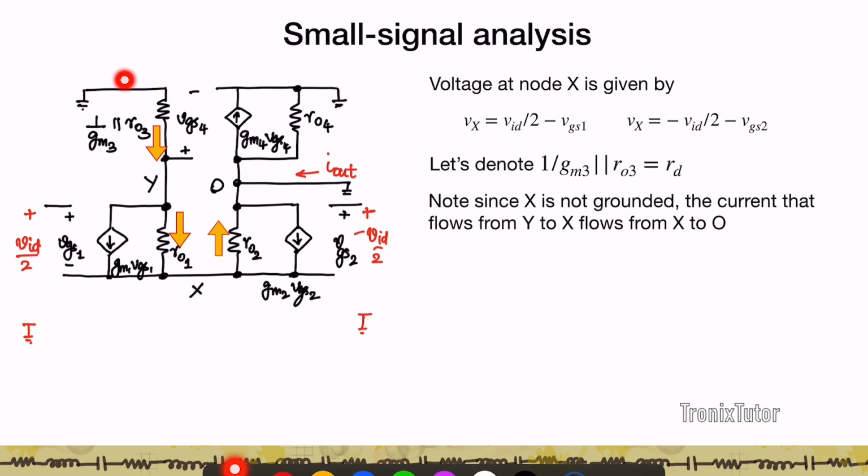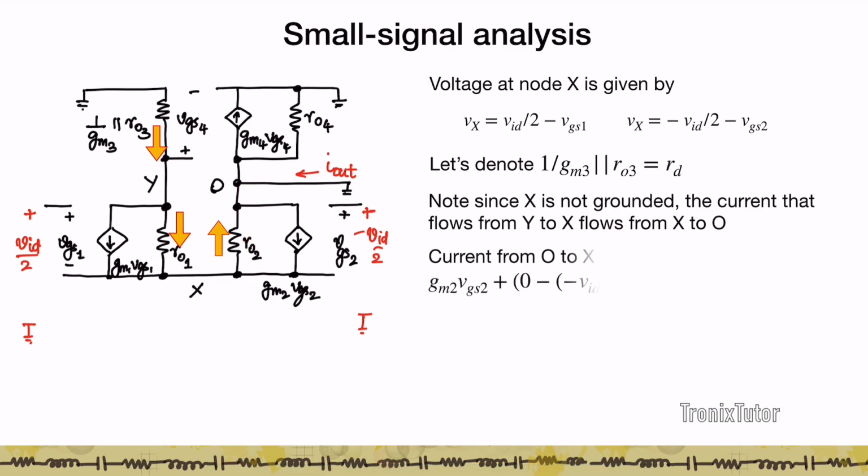Which means the current flowing in this resistor is the same as the current flowing in this combination. We can't say anything about this combination because you have an AC ground here and an AC ground here. But because you don't have any ground in this region, the entire current flowing here has to flow through this part and then flow up here. Which means the current from Y to X is the same as the current from X to 0.